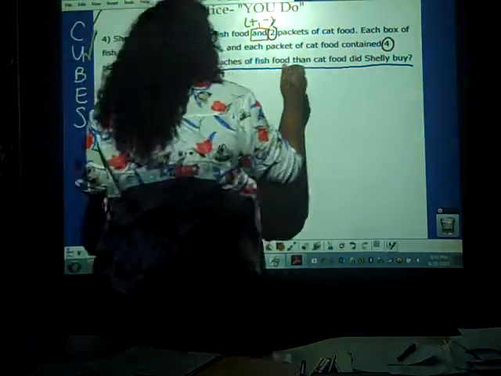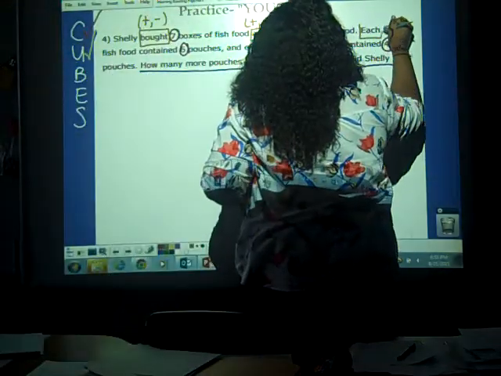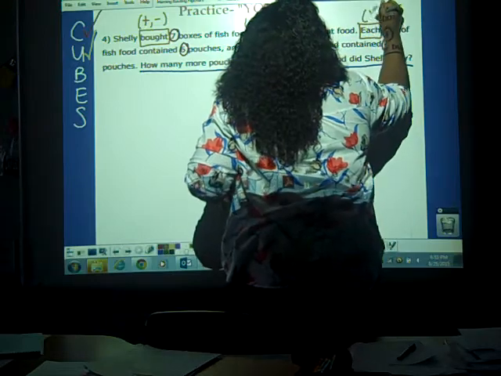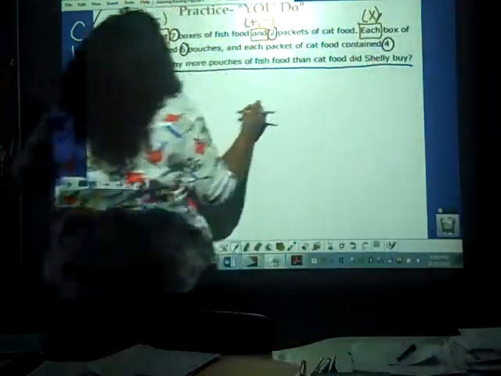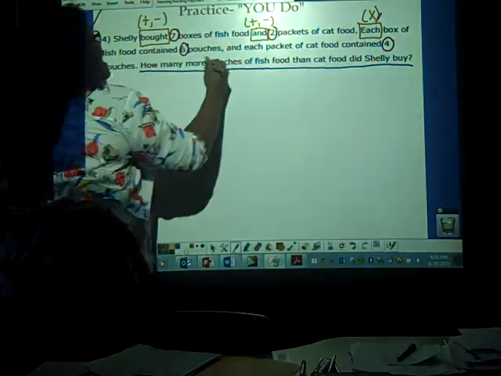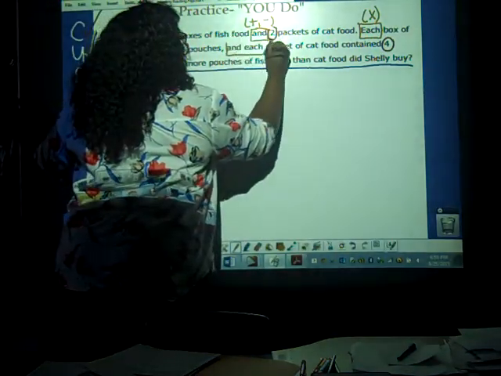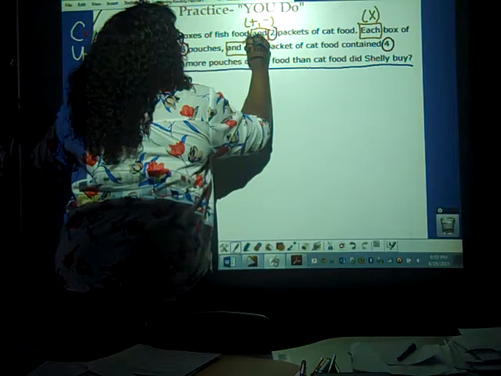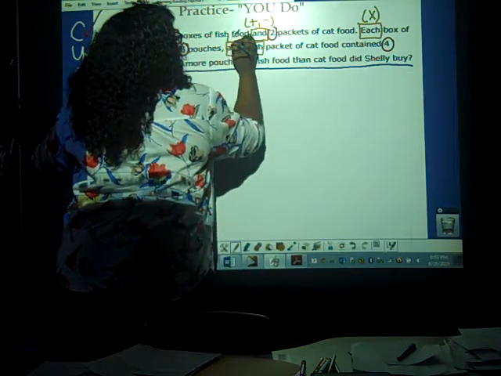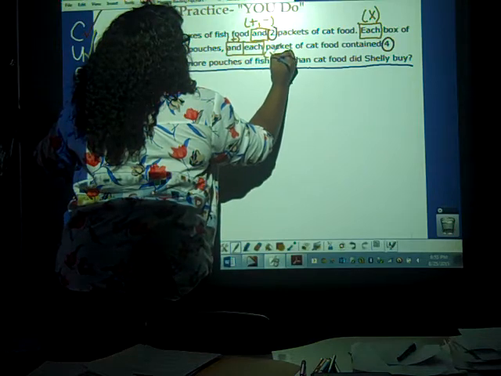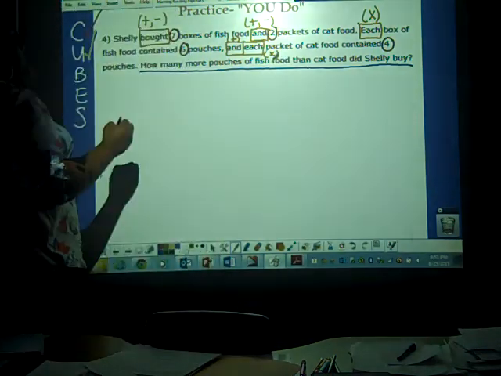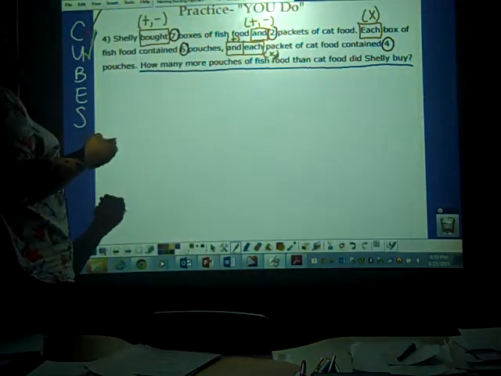Each. Oh, that word each. I think multiplication every time. Each box of fish food contains 6 pouches, and each packet of cat food contained 4 pouches. I'll put multiplication.